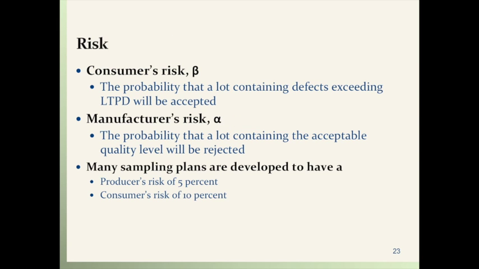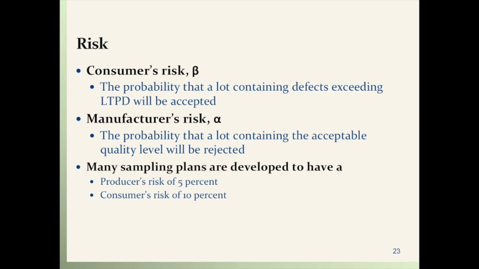Risk. So now there's customer's risk, which is beta, and manufacturer's risk, which is alpha. You go back to when we were talking about type 1 error versus type 2 error. The customer's risk is the probability that a lot containing defects will be accepted.